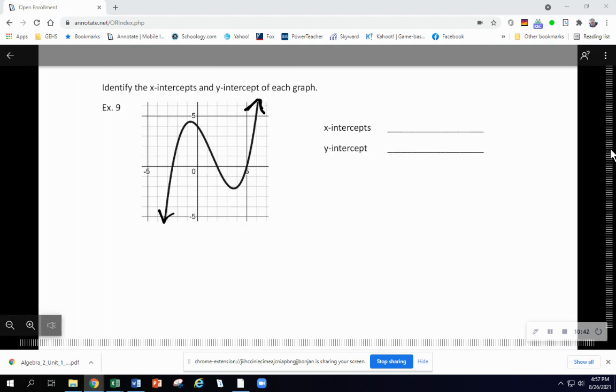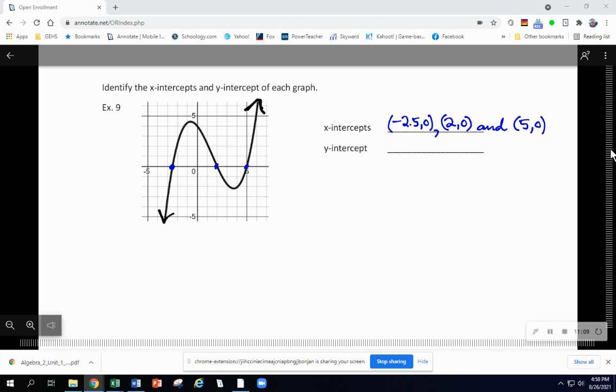Identify the x and y intercepts. Where does the graph cross the x-axis? We'll start there. It looks like it crosses at negative 2.5, 0. At 2, 0. And at 5, 0. Those are the x-intercepts.